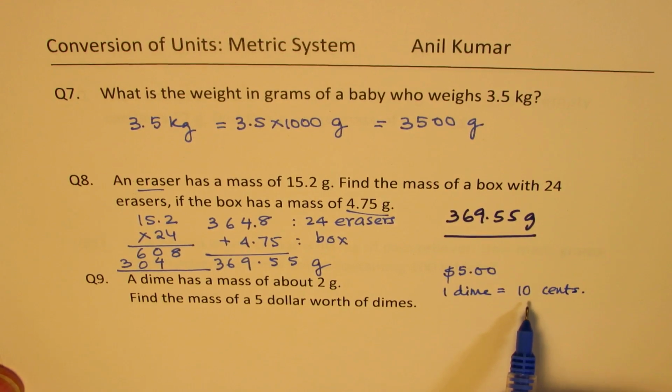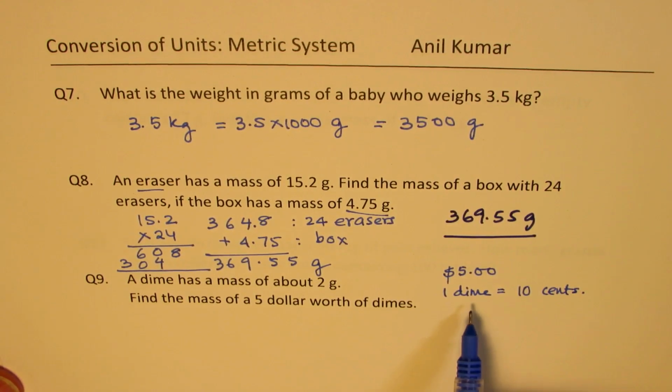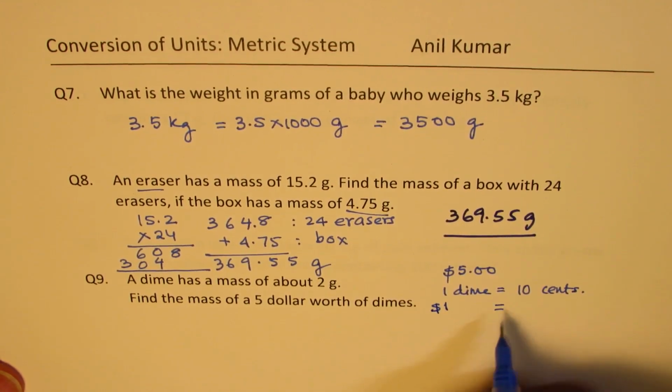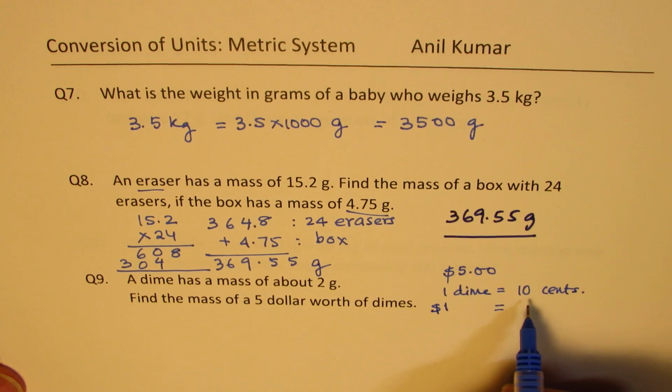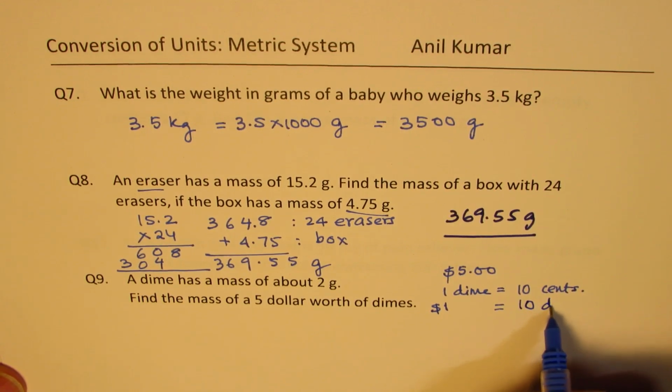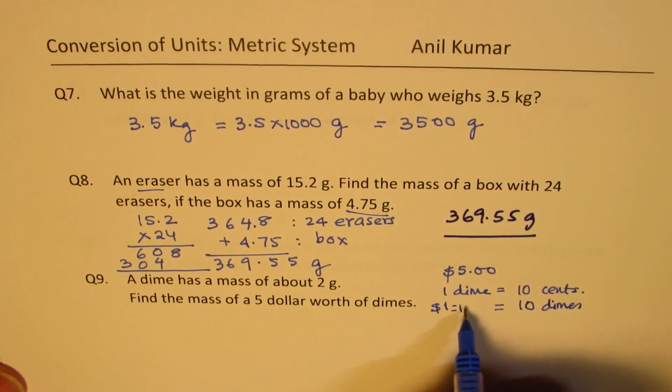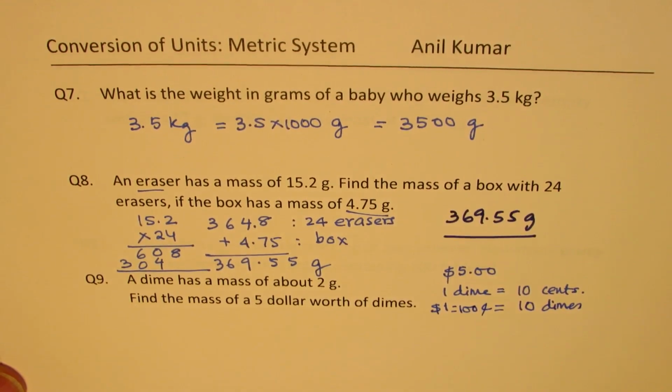So in $1 there will be 10 dimes, right? So in $1 there will be how many dimes? You have to multiply by 10, right? So we get 10 dimes. $1 is 100 cents, 10 dimes.